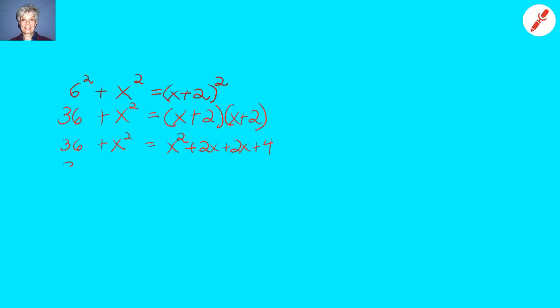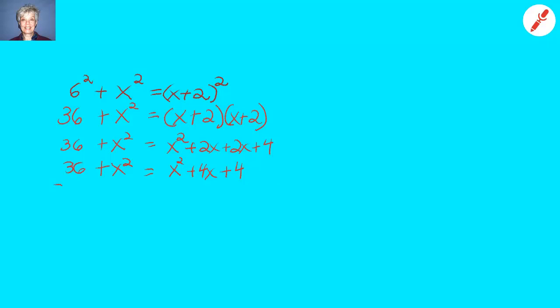So we'll have 36 plus x squared equals x squared plus 4x plus 4. Now use the principle of zeros because we have a quadratic equation.